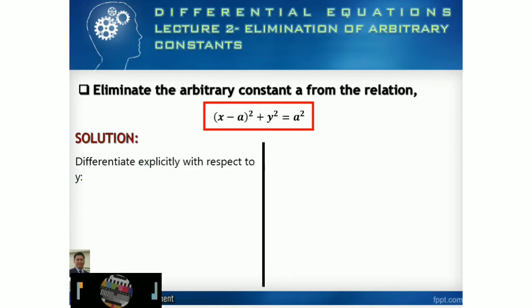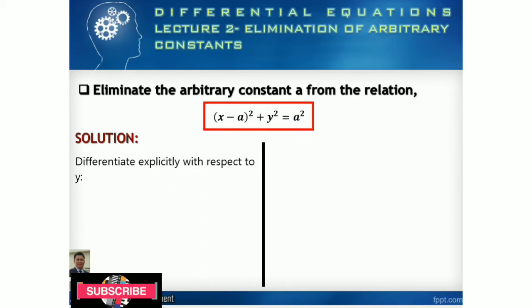So first, we take now the derivative. The derivative of this term, and then the derivative of this term again, and then the derivative of your a, which in this problem is a constant.